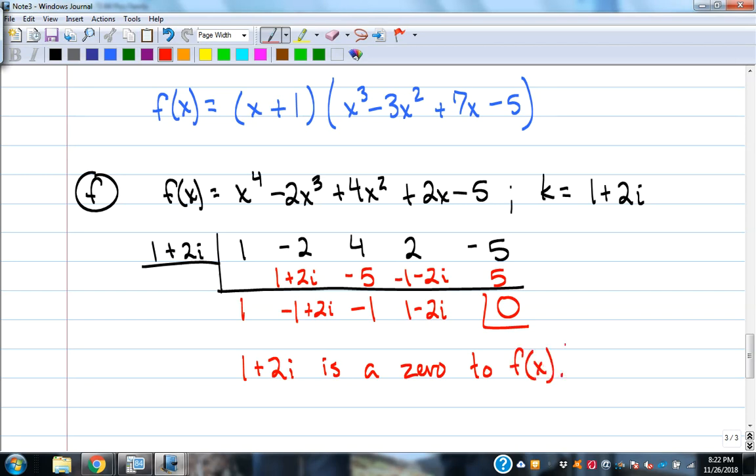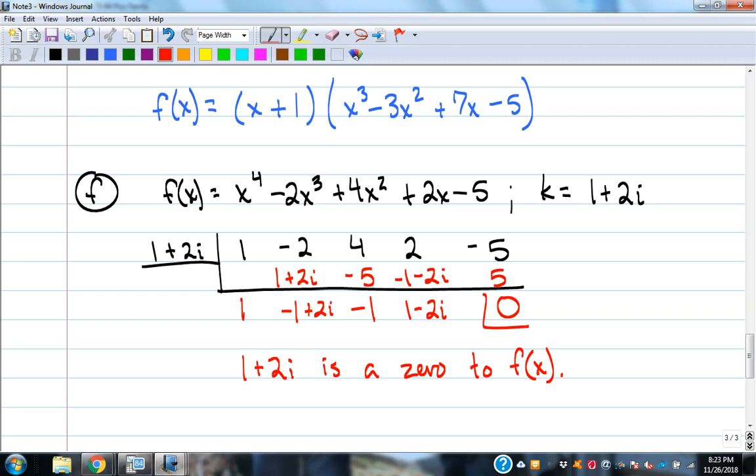Notice I didn't say x-intercept. Complex numbers never touch the x-axis. They don't show up crossing the x-axis, but they're counted as a 0 for that polynomial. So when you're doing synthetic division, you can even synthetically divide by a complex number. You could do synthetic division with a fraction even.